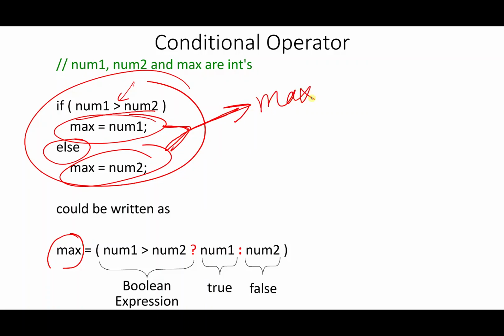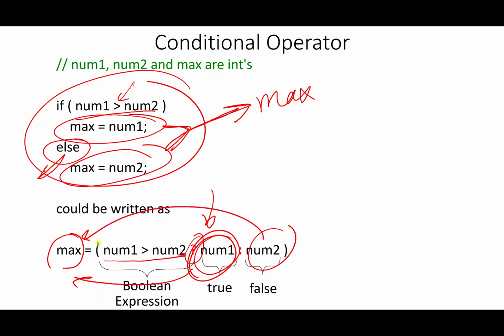So max equals the Boolean expression. This is where the question mark comes in. You ask yourself a question: is num1 greater than num2? Here is the question point, right? If that is true, assign num1 to max. Otherwise, else, assign num2 to max.